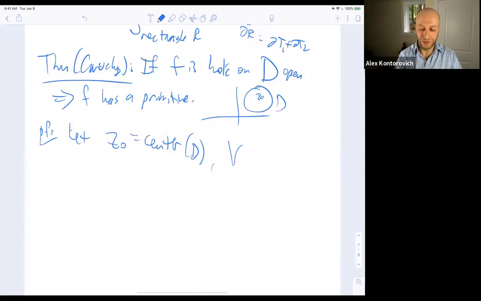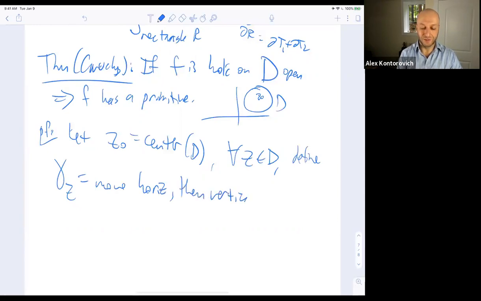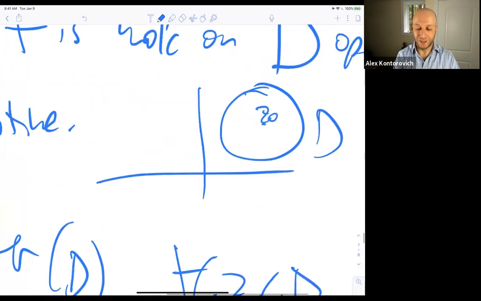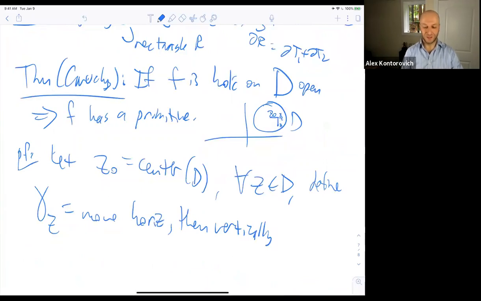For every z in the disk, I define a curve, gamma z, which is move horizontally, then vertically. So if I have some point z, wherever it is, here's z, I move horizontally until I get to the right real part, and then I move vertically until I get to the right imaginary part. And this will be gamma sub z, starting from z0.